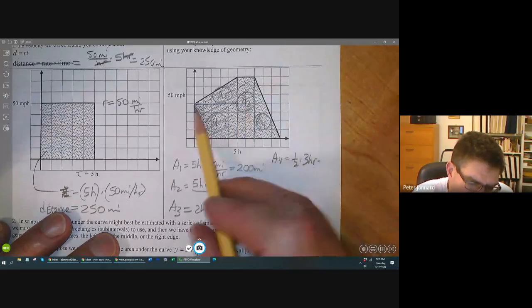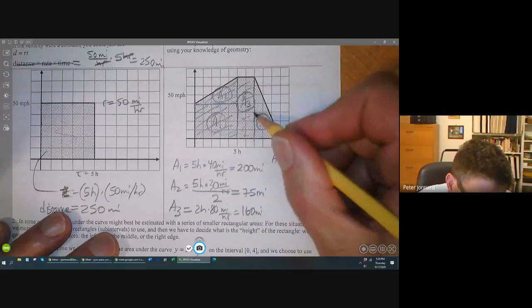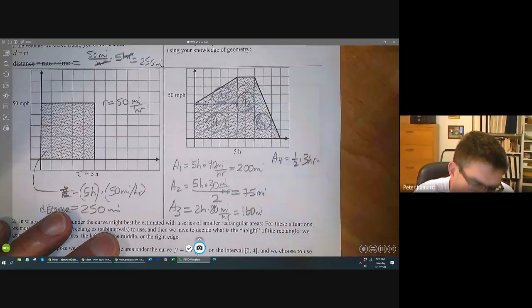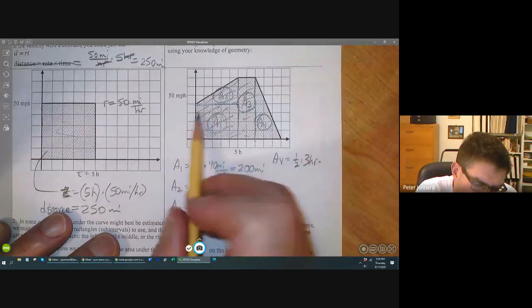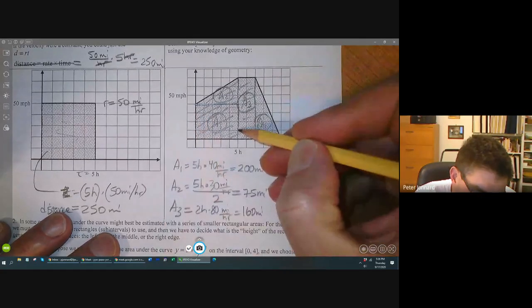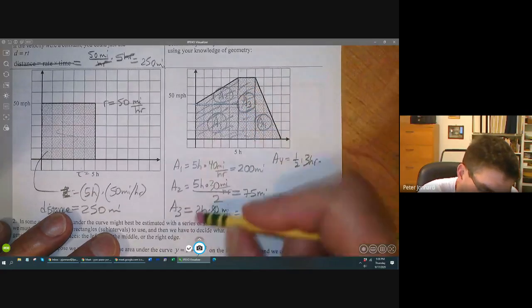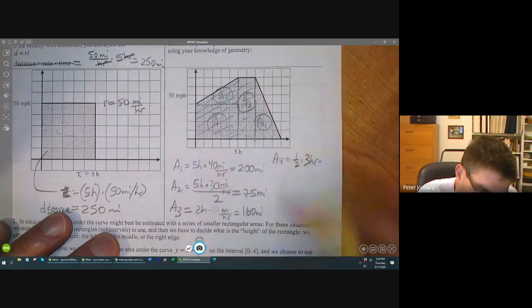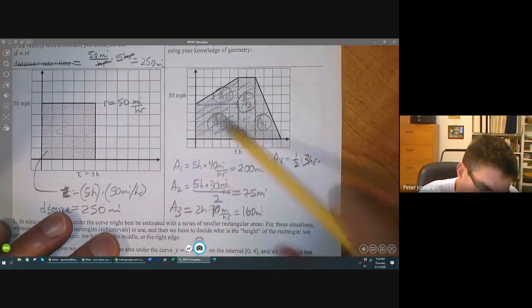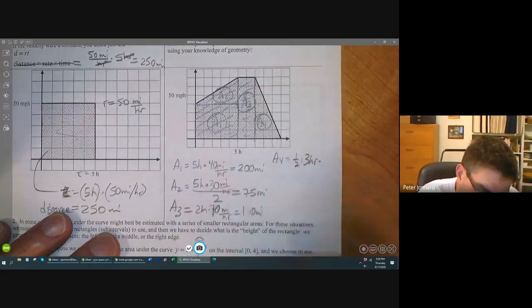Okay, wait, I said 80 over here. I messed up. Okay, so I screwed up here. This isn't 50, this is 40. So 1, 2, 3, 4, 5, 6, 7. So that should be 70 there. That's 70, and that gives me 140.